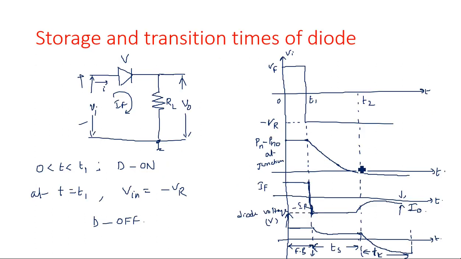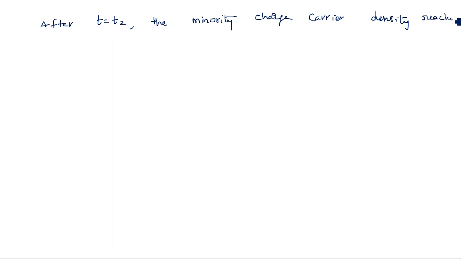Then the diode voltage falls slightly after t equal to T2, and the minority charge carrier density reaches its equilibrium state. Equilibrium state is nothing but the normal state.